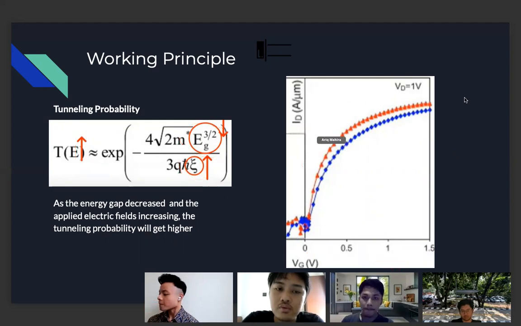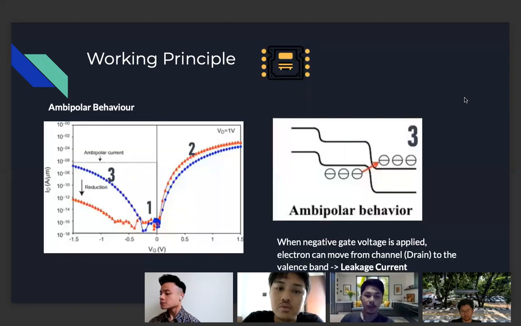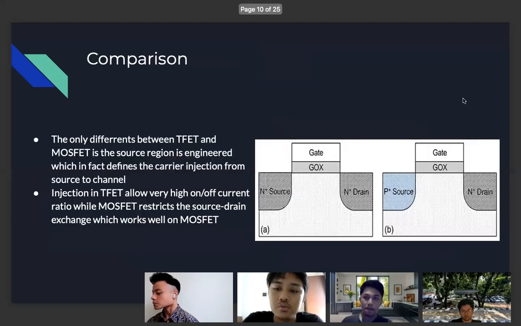Next. The next one is ambipolar behavior. Ambipolar behavior happens when we give negative voltage to the gate and it will make a leakage current. Thus, we don't want this ambipolar behavior to happen. Next.